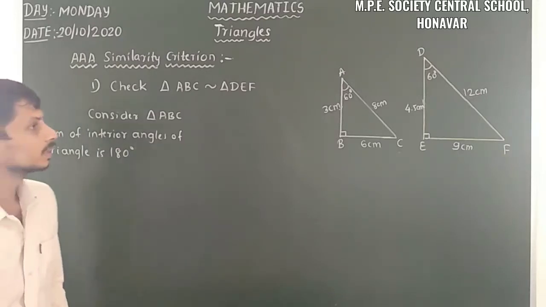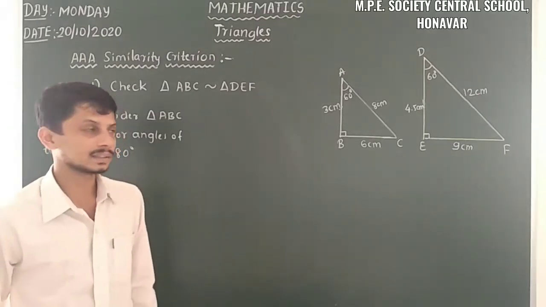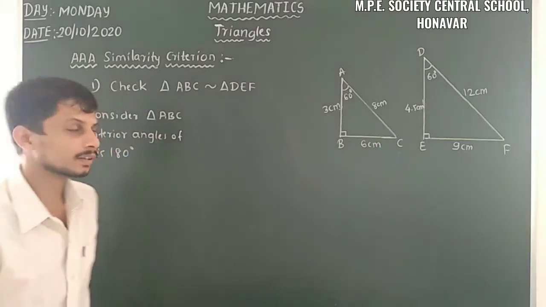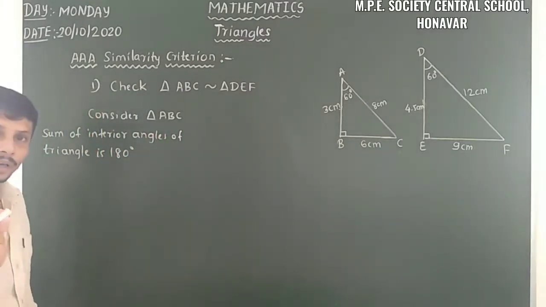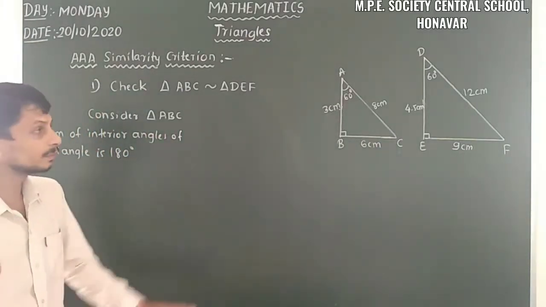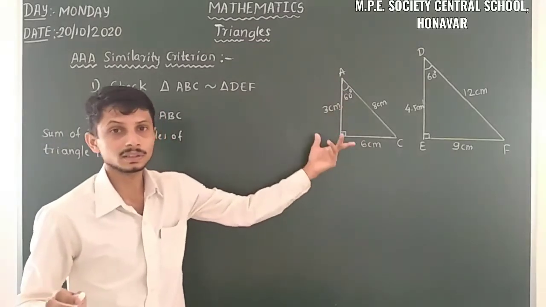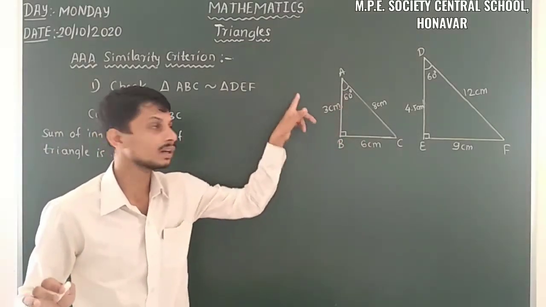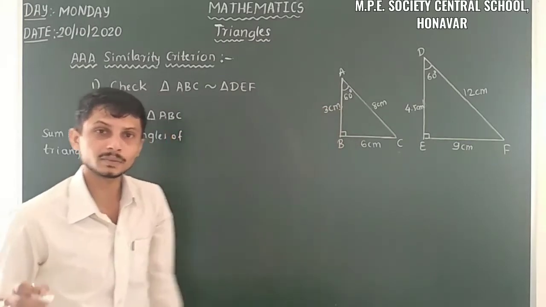The sum of interior angles, that is A plus B plus C. Here I will consider the complete angle, that's why I am considering angle A. If it is split into two parts, the case is different, and we have to take BAC, ABC, like that.